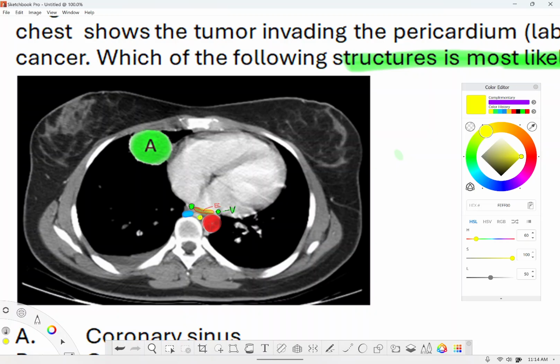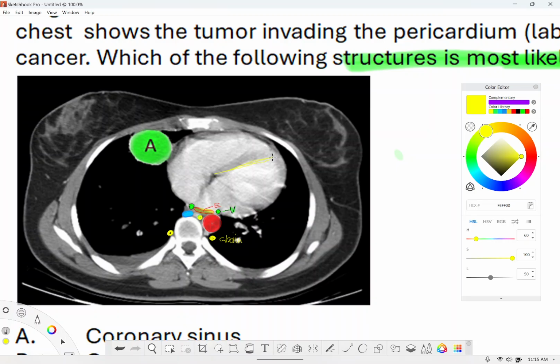These are the structures that are related because the question was talking about some of these structures. And the sympathetic chain would be right here, on each side.